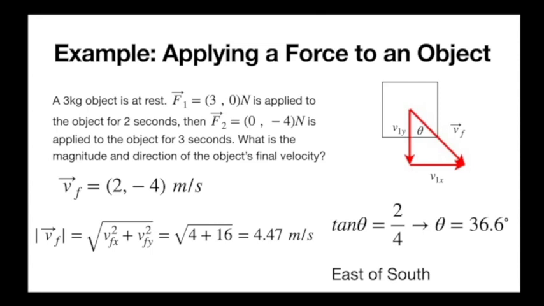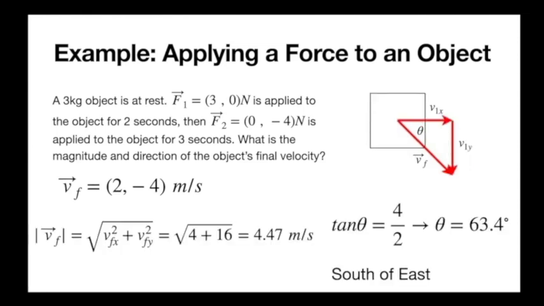For this one, the theta that I've labeled now, x is the opposite, and y is the adjacent. So instead of tan theta equals 4 over 2, I get tan theta equals 2 over 4, which is 26.6. And of course, 26.6 is the complement of 63.4. They add up to 90 degrees.